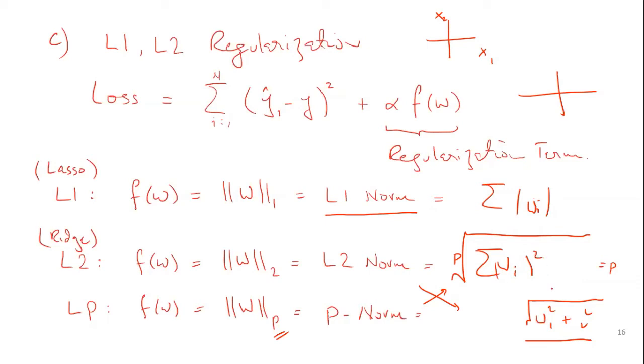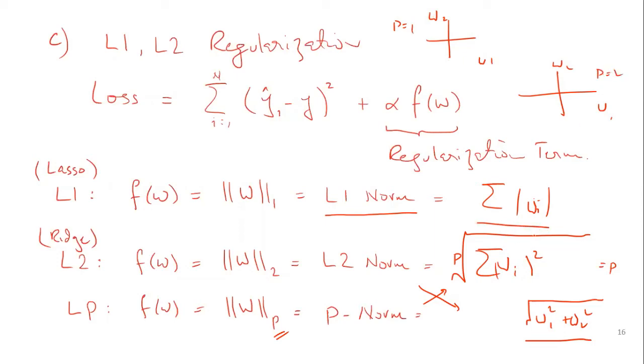This is w1 and w2, so we're taking the sum of the weights. If we plotted w1 and w2 for p is equal to 1 and p is equal to 2, what do you think this will look like?